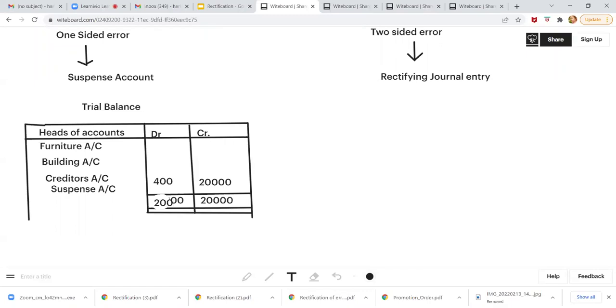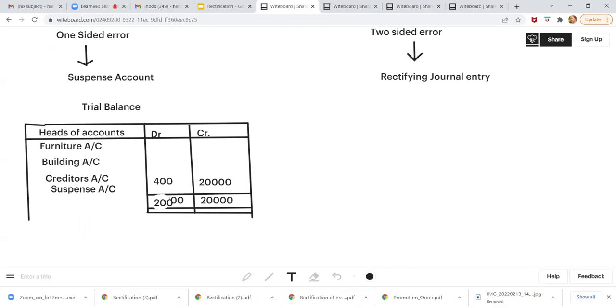If the total of the debit side is short, the suspense account will show debit balance, and if the total of the credit side is short, suspense account will show credit balance. The difference is placed in the suspense account so that final accounts are prepared without delay. As a result, trial balance will appear to agree. However, the errors still remain in the trial balance, as you can see. Suspense account we have created.